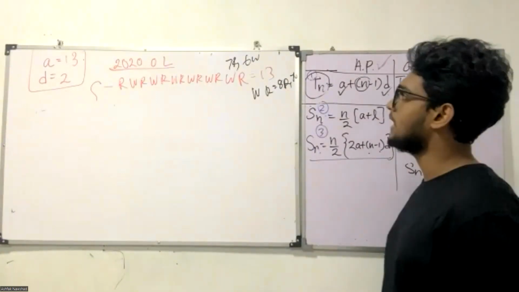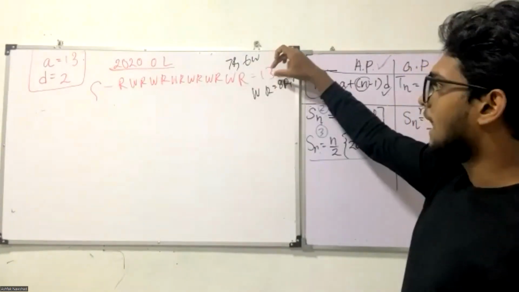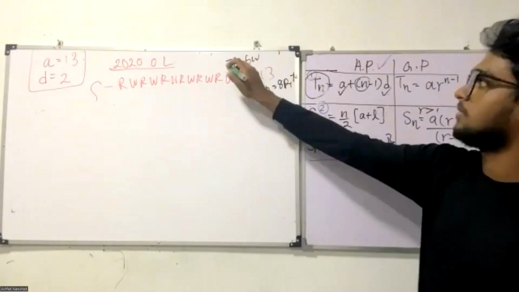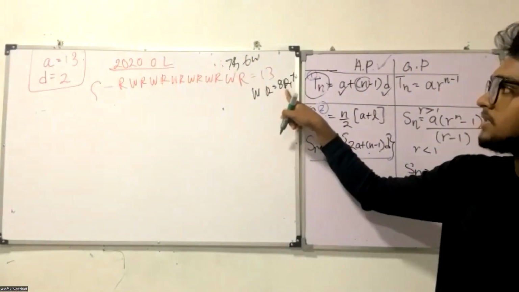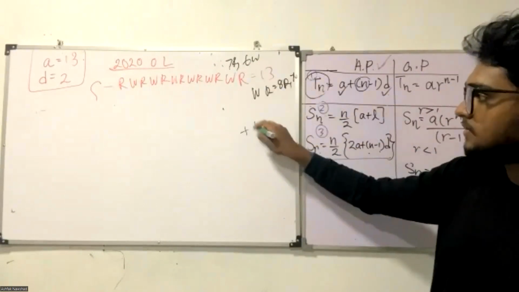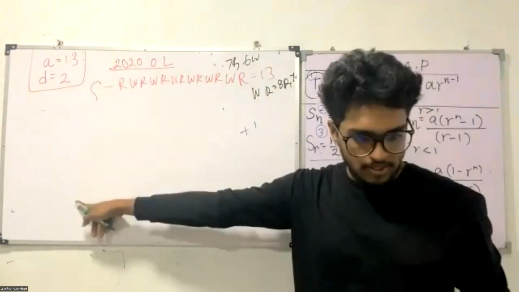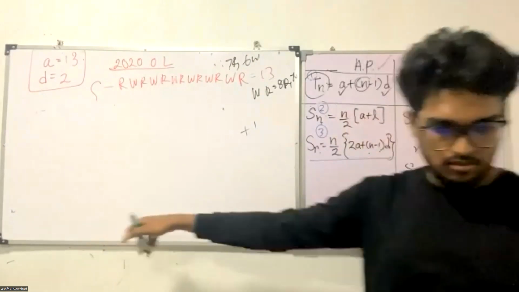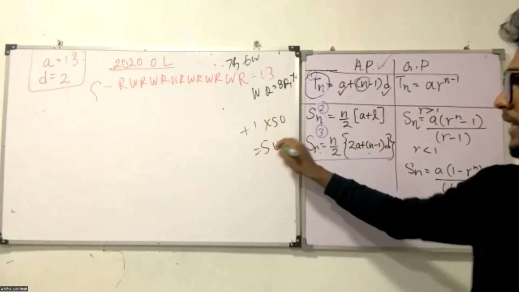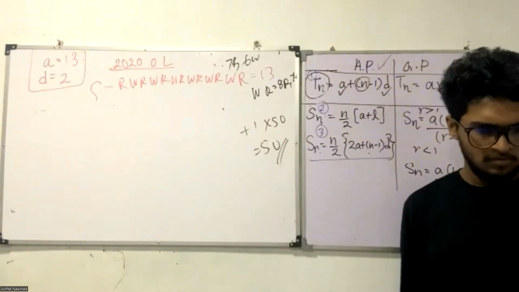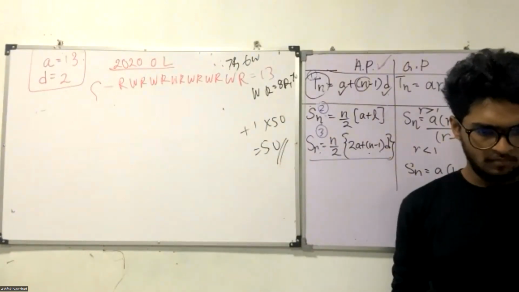So in every row, an extra red is there. See, extra red. 6 plus 1 is 7. Here 7 plus 1 is 8. So in every row, there's 1 extra. And how many rows are there? 50 rows. So we'll multiply the 1 by 50. So 50 extra red flowering shrubs. Is this clear?